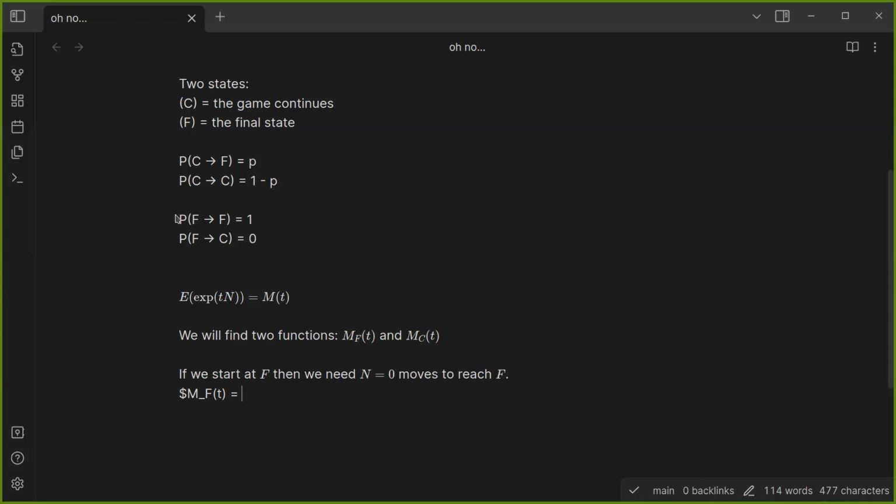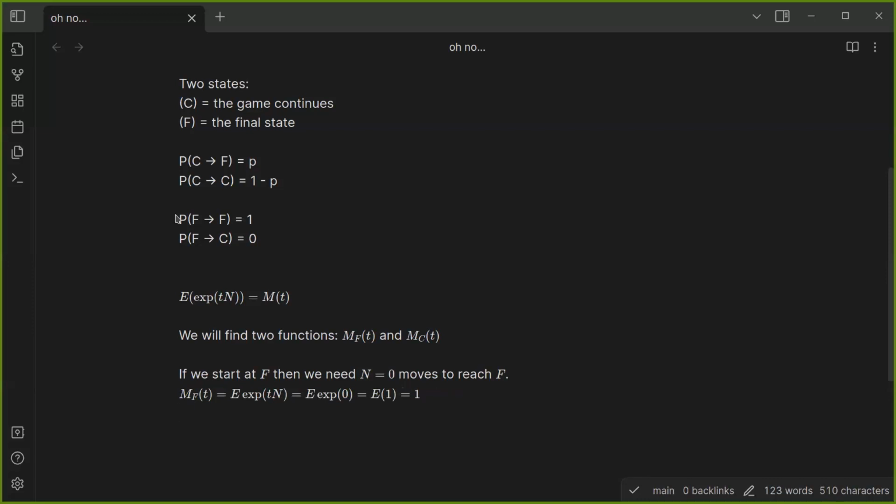Mf of t is the expected value of exponent of tn, but n is equal to 0, so it's the expected value of exponent of 0. So it's the expected value of 1, and the expected value of 1 is just 1.